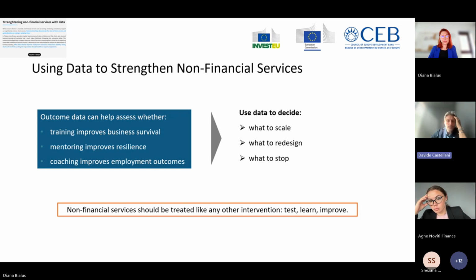Are you happy with our business development services? Do you think that they're useful? Are they easily accessible? Do you perceive any impact of our non-financial services? For example, you can observe that certain training or content or mentoring activities lead to better outcomes.